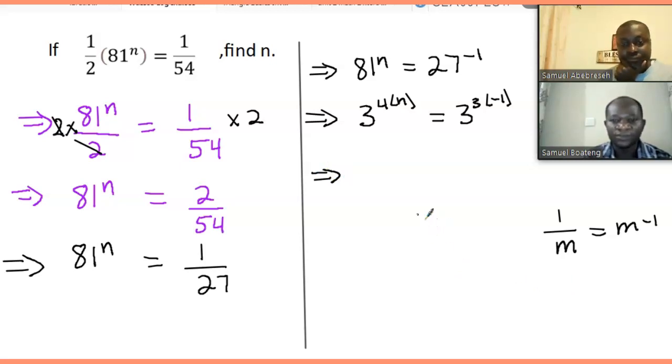So the bases are the same: on the left-hand side we have 3, and on the right-hand side we have 3. So we equate the exponents. We have 4n is equal to minus 3. We want to find n, so we divide both sides by 4.